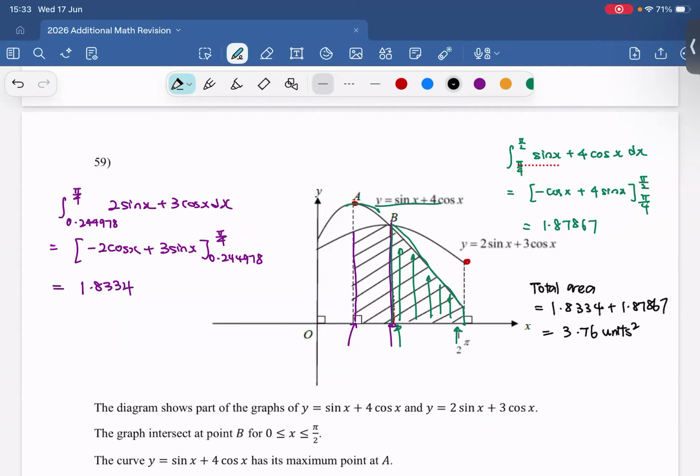Yeah, so you can see actually the point of intersection is very, very important when you're trying to find the area because that will partition your area into proper sector or proper area for you to calculate one by one.